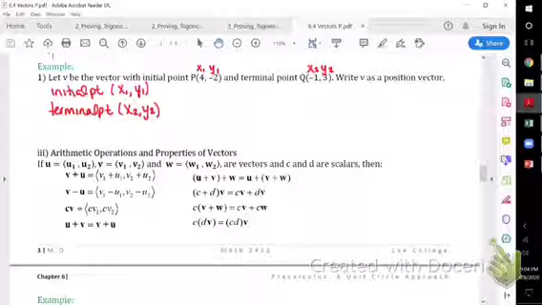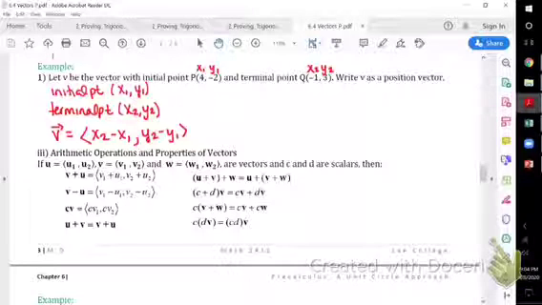And remember, when you're after the position vector, that's equal to the pointy parentheses, x2 minus x1, comma y2 minus y1. So let's find that then. We know our x1 and our y1, we know our x2 and our y2, so let's plug that in here.